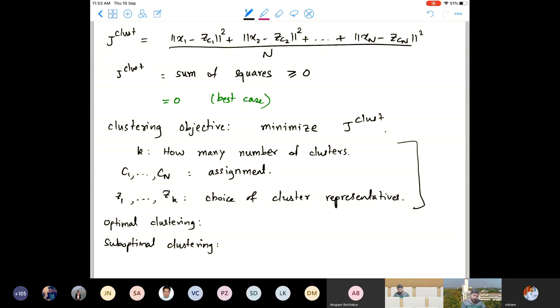So you want to minimize JClust. And what are the decision variables? The decision variables are star.